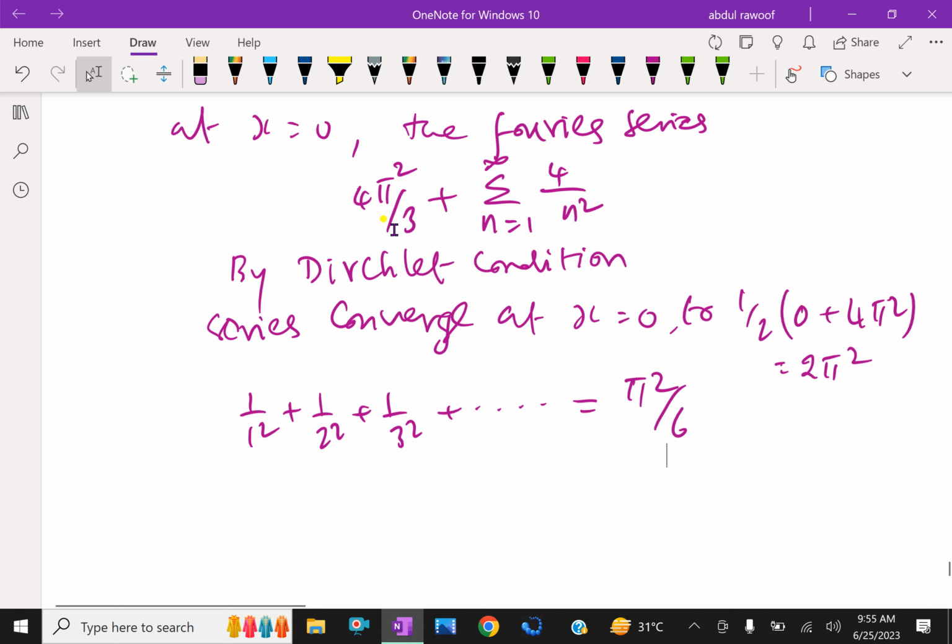So 4 pi squared by 3 plus this, the first term after expansion, putting n equal to 1 means 4 by 1 square, and therefore this will give us pi square by 6 by using this condition. So hence the result.